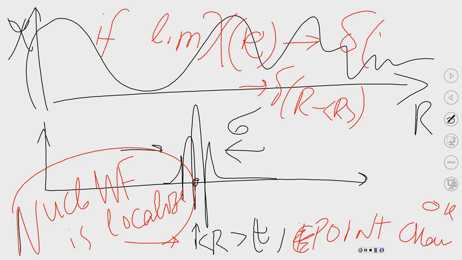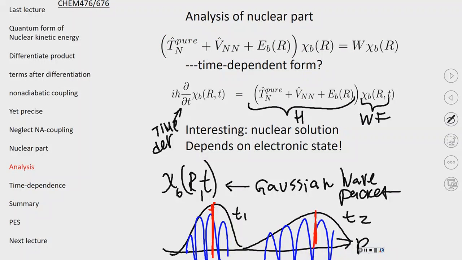Right? I just translated your words. So if you have a more complicated thing, it will not work. But if you have a wave function localized around one center, good. And luckily or unluckily, for most molecules, it is the case.